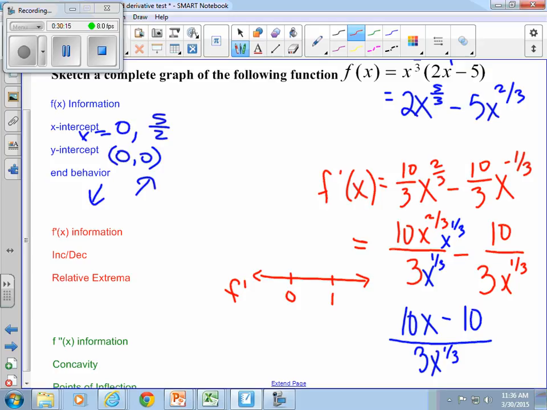I get a negative on top and a negative on bottom, which makes it positive. 0.5, I would get a negative on top, but a positive on the bottom. Does everyone know how I'm getting those? Good. And then after 1, positive.